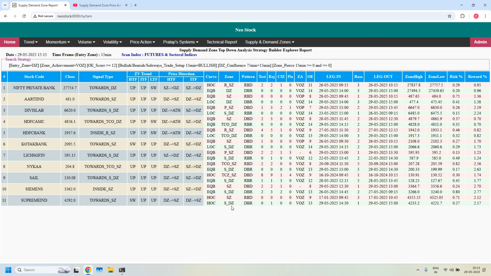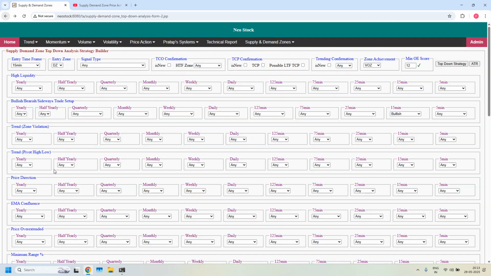In all these 11, the 15 minutes demand zones are overlapped with the 75 minutes demand zone. And the 75 minutes trend, the ITF trend, is up in all the stocks. So let's further filter based on the 75 minutes demand zone with daily EMA confluence.